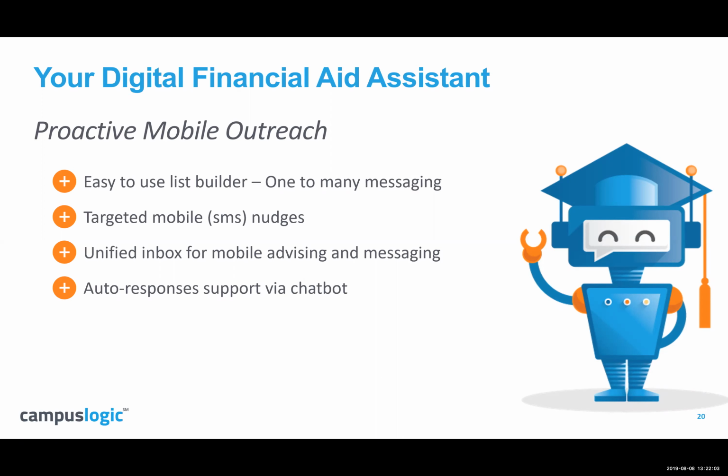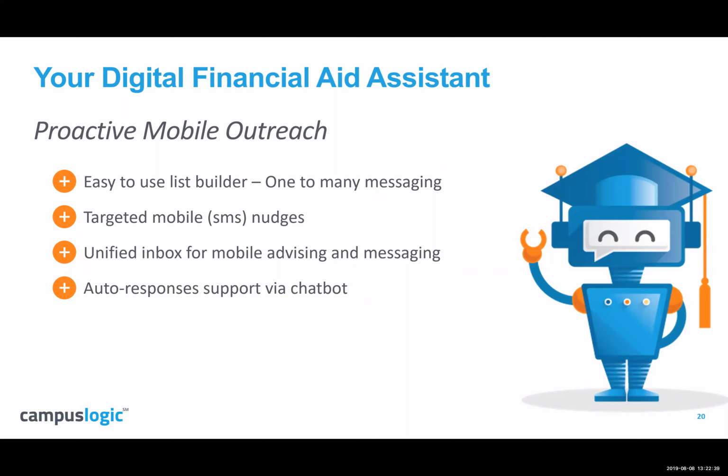And then we provide a unified inbox that will allow your staff to see responses. So if some students come back and say, you know what, I know I need to fill out the FAFSA, I don't remember where I need to go for that, you'd be able to answer that. But even better, most of the common replies that come back will actually be fielded by the bot first. So if the student responds and says, yes, I plan on filling out my FAFSA today, the bot can encourage them and say, that's great, and staff don't need to look at that message.